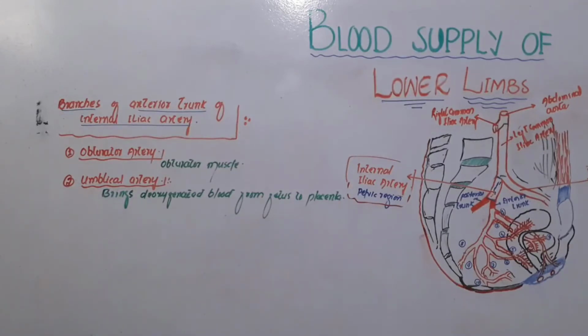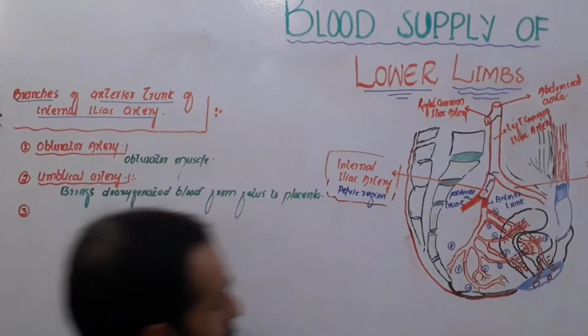Right, friends. The second branch is the umbilical artery. Then the third branch, which this anterior trunk gives, look here.